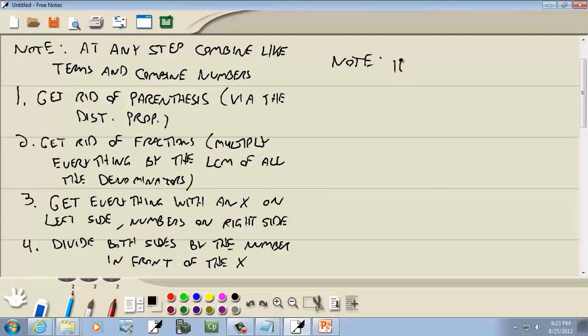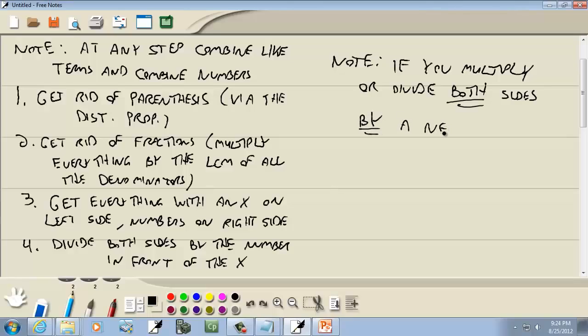We have a note that goes along with this that says if you multiply or divide both sides by a negative number, flip the inequality symbol.